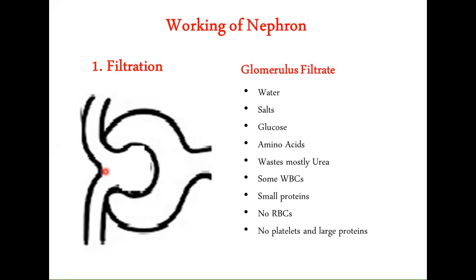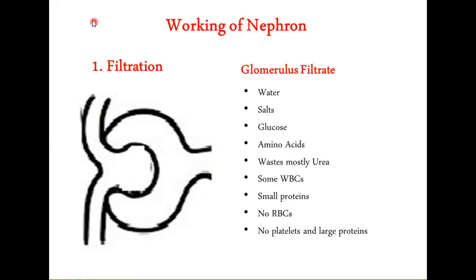So first of all, pressure filtration. Look here in this diagram. This is the renal corpuscle part of the nephron. This one is the glomerulus, surrounded by the cup-shaped Bowman capsule.